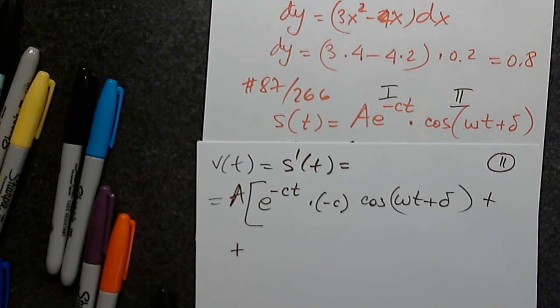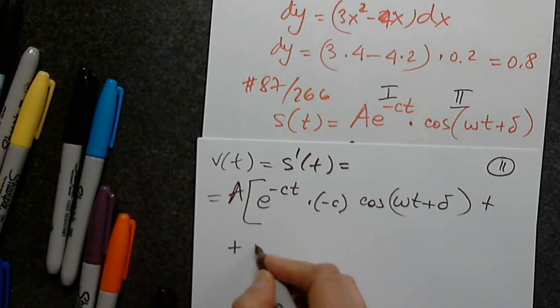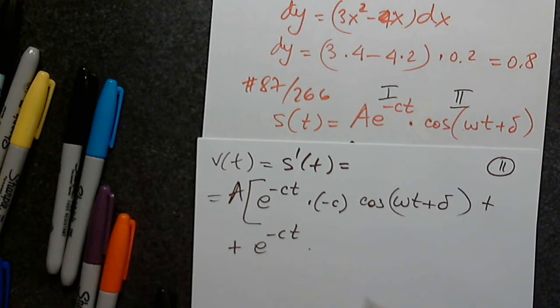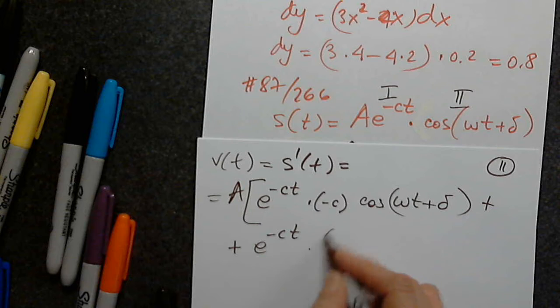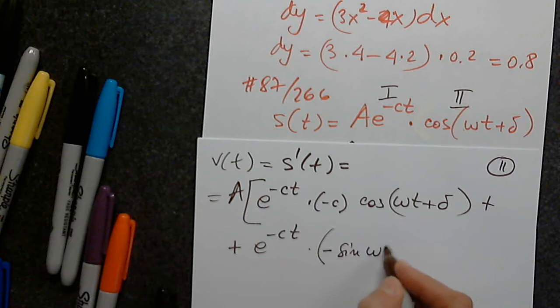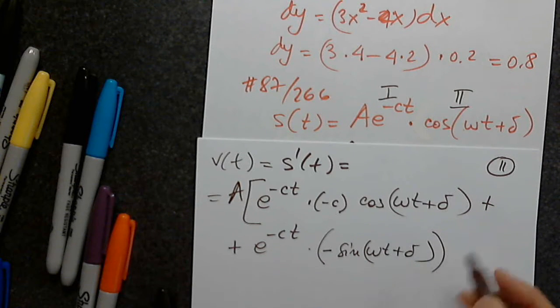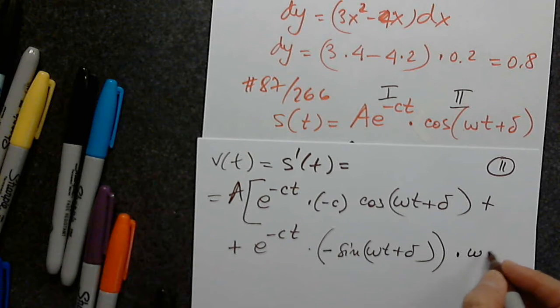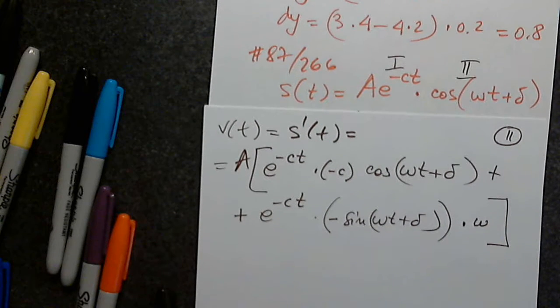Is this clear? I copy the first function e to negative ct and I differentiate the second one, negative sine omega t plus delta multiplied by omega. Delta prime is 0. Omega t prime is omega.